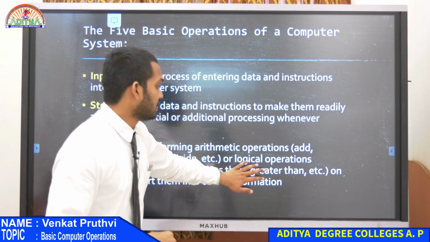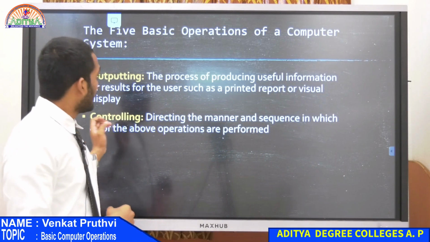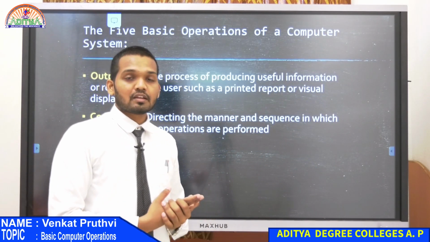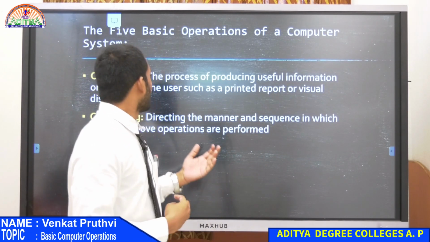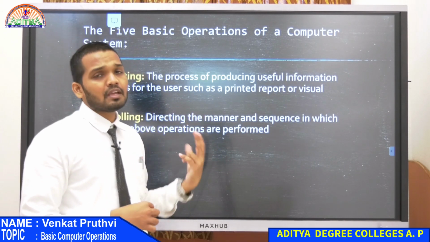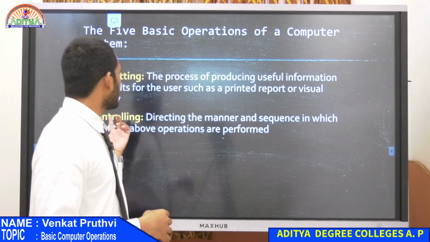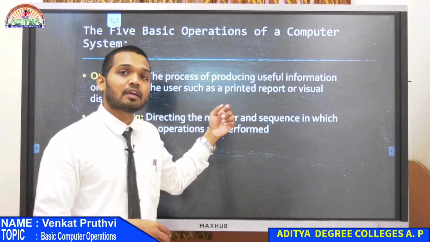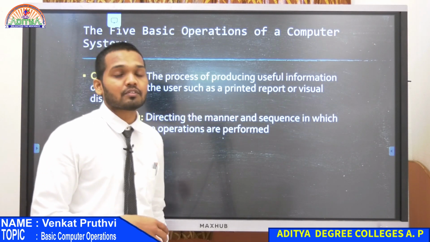After processing the data, it will give an output, and that output can be visual, through the monitor, or through printouts, that is a hard copy.